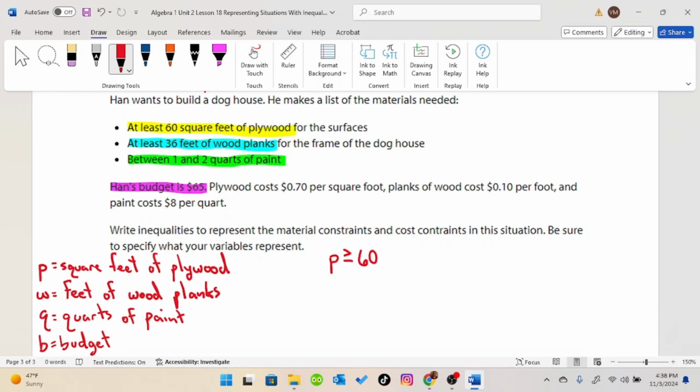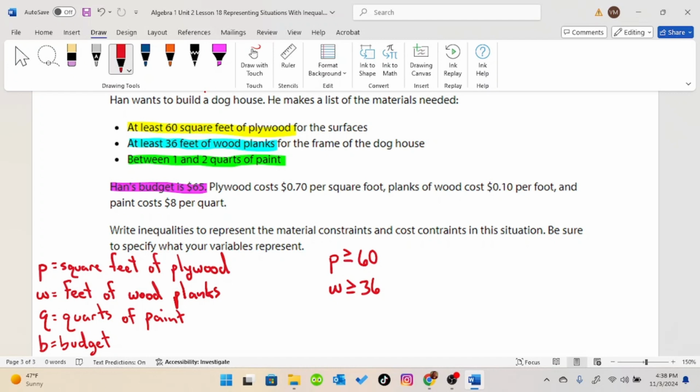The next inequality I would use is to represent the feet of wood planks. And we know up here in blue, we need at least 36 feet. So that means W needs to be greater than or equal to 36. It could be more than 36 feet of wood, it could be exactly 36 feet of wood, but it cannot be less than.